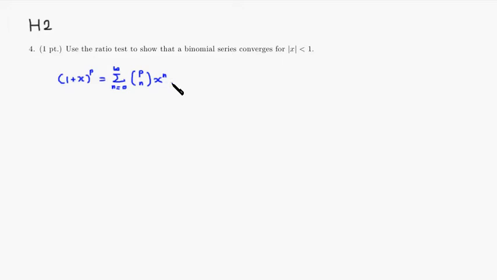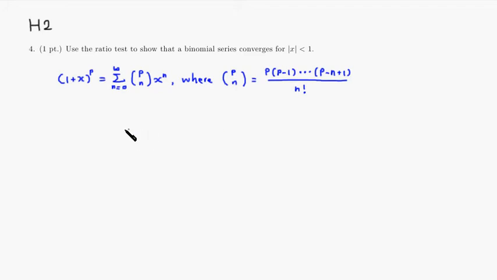Then remember that the binomial coefficient p choose n is just defined to be p times p minus 1 times, and so on, all the way to p minus n plus 1, and then divided by n factorial.